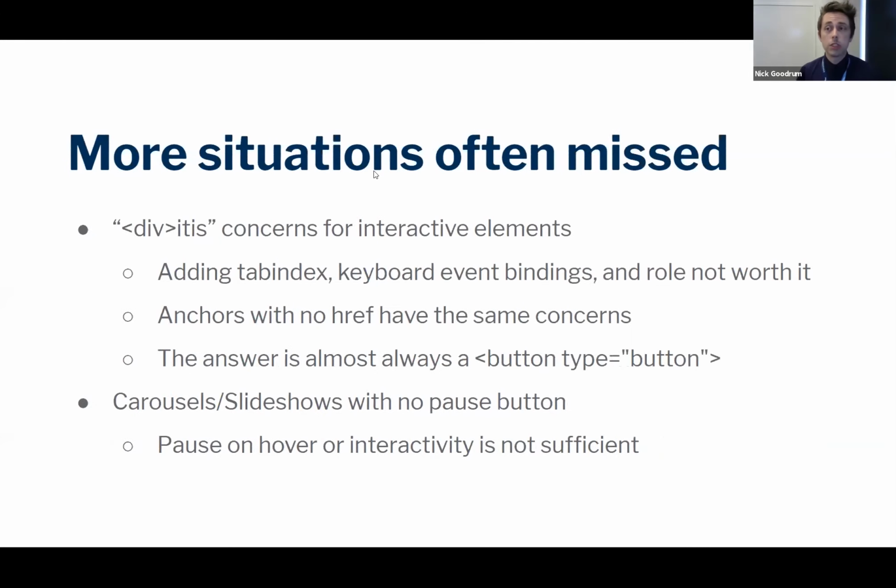So what are some more situations often missed? We've got what I call divitis, a concern for anything interactive. You see it all the time: pagination for carousels, buttons that look like a button but really are just a div. I see developers all the time go, okay, I'll throw in the div, but screen readers don't know it's a button. Okay, role equals button.